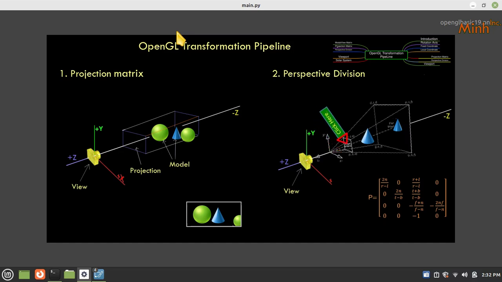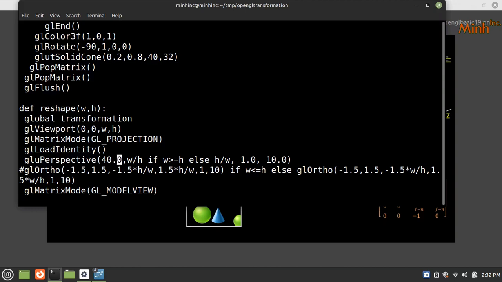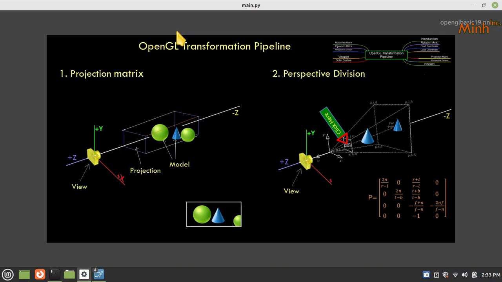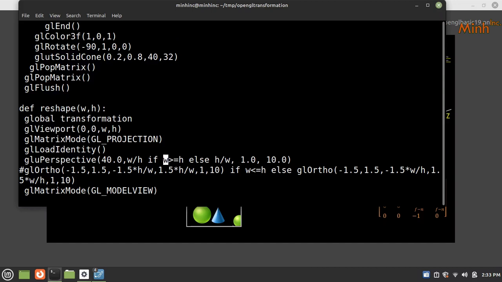Okay. And then width by height, else height by width. So this is the width and height ratio that we are putting. And then near and far, this near and this far. Okay. So width by height, kind of left, right, and up and down.